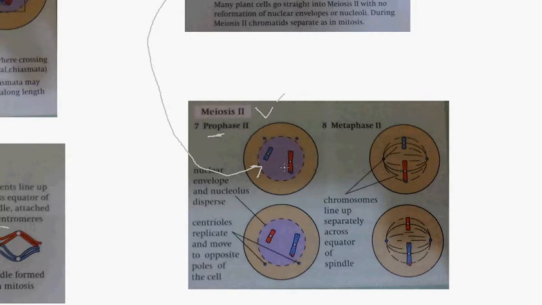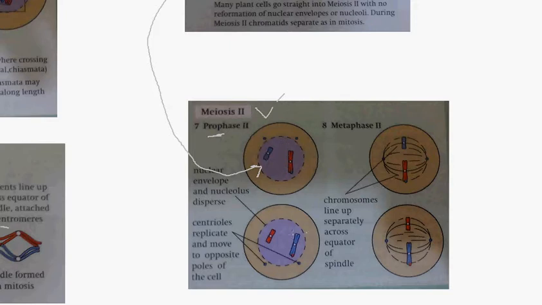Actually they disappear for the reason that they give a chance for spindle apparatus to form. If they are present, the spindle apparatus wouldn't form, and so the chromosome wouldn't divide and all that. So because they want the chromosome to divide, they have to go away and let the chromosome do what they want to do, right? So hope that was clear.